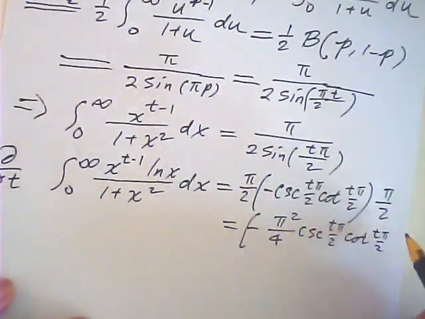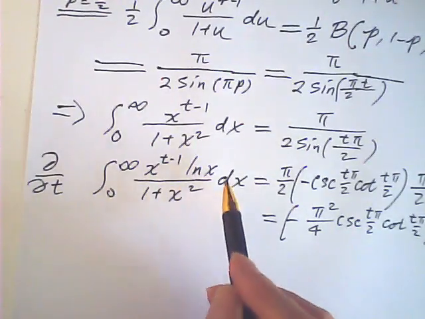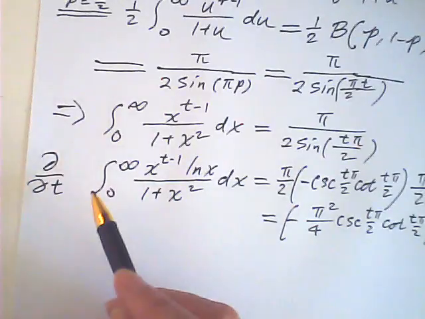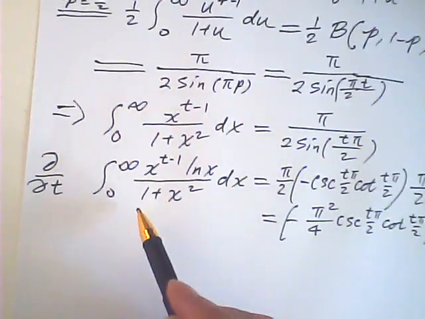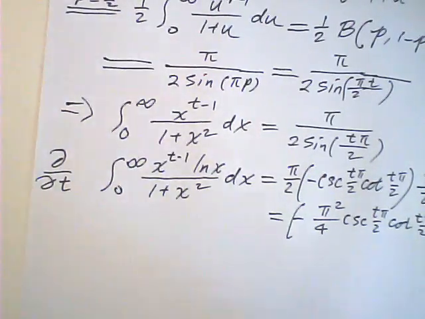This is the derivative of this with respect to t, and this is equal to that.